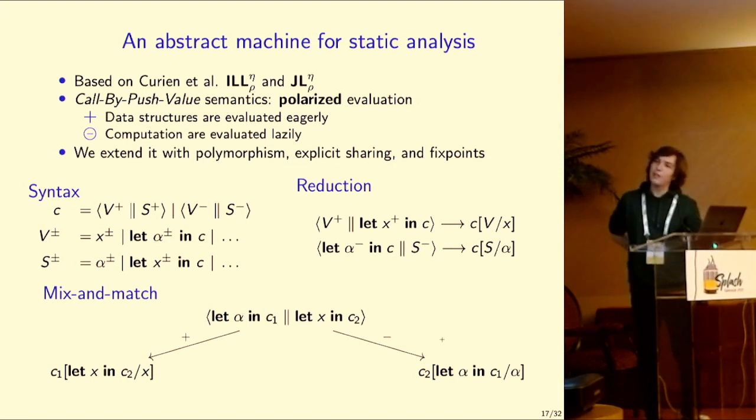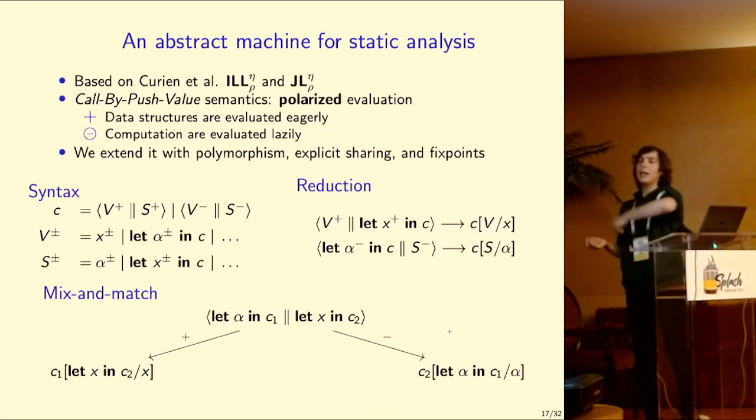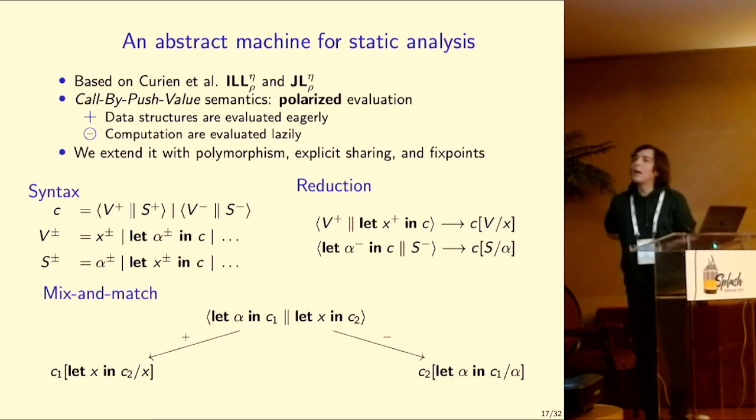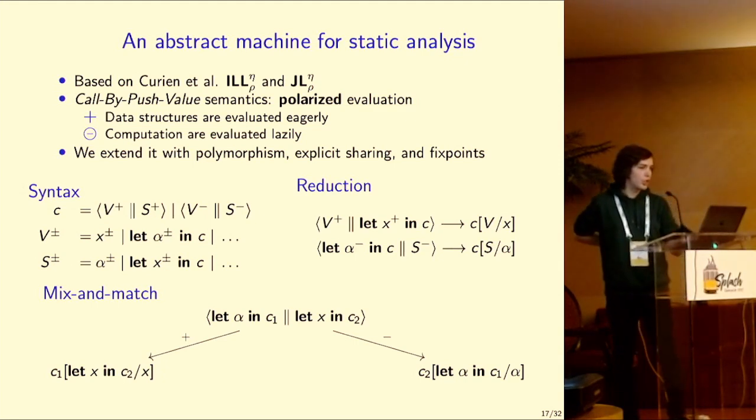And if the polarity is negative, the computational context wins and can process a computation before the computation is run. And this disambiguation is the key that lets us manipulate evaluation context and get unambiguous operational semantics on the machine.